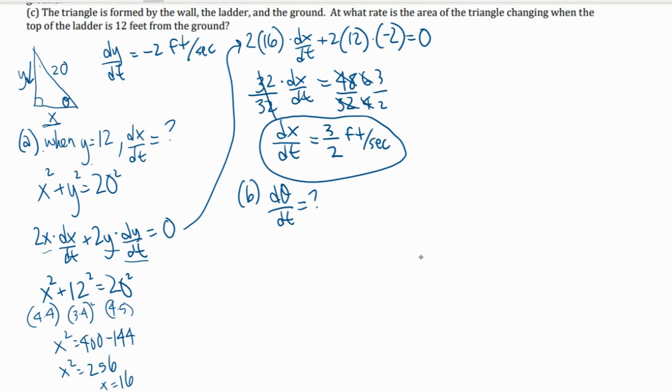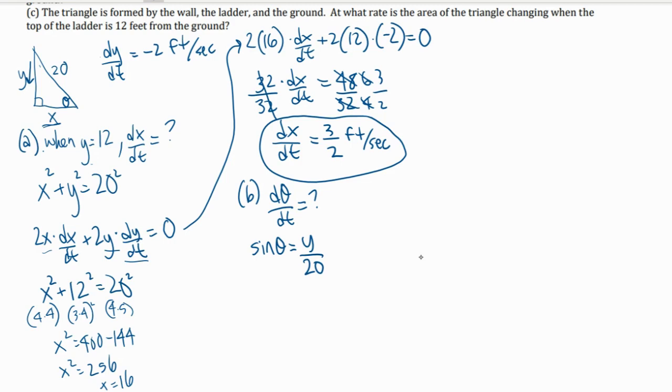All right, so d theta dt is what we're trying to find. I'm going to use sine, cosine, or tangent. It's up to you what you want to use. I'm going to use sine because I know in SOHCAHTOA I get opposite over hypotenuse. Again, 20 I am allowed to plug in because 20 is not changing.